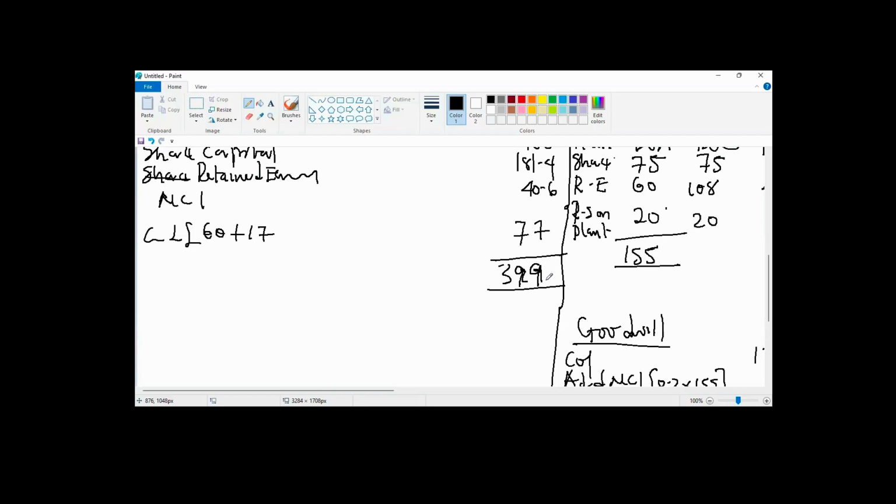Sir, sorry, I joined late. I just want to know this revaluation surplus of 20,000. How did you get it? They've given me the fair value of the net asset. It'll be 155. Then the date of acquisition is 60. Share is 75. 135. And he said plant is responsible for the difference.